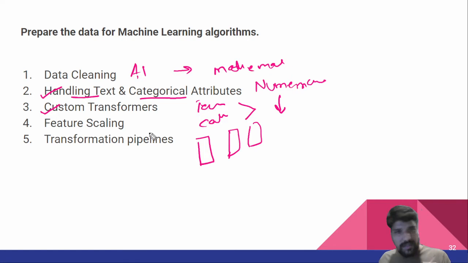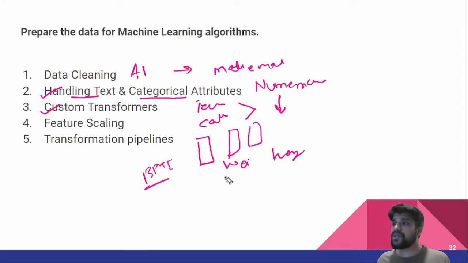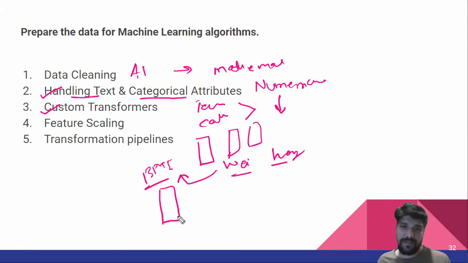Okay, that is called as a custom transformer. For example, body mass index is what we are looking for, but we don't have this information. Instead of that, what we have the weight, we have the height, right? So by having the weight and height, we derive some formula and we create the new feature called as a BMI for our algorithm. This is called as a transformation.